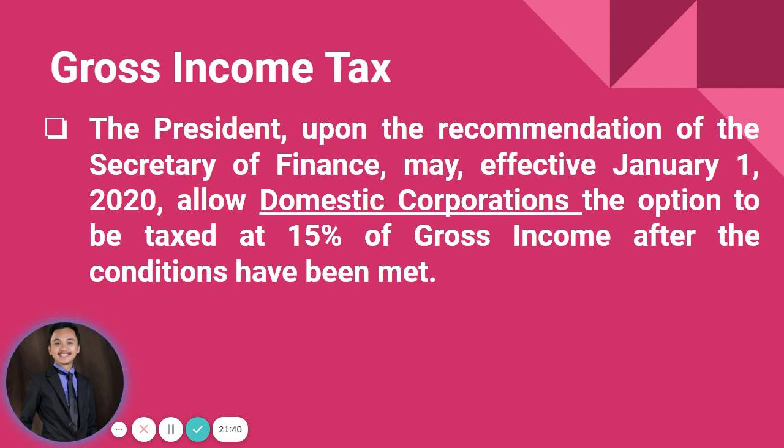Okay? The President, upon the recommendation of the Secretary of Finance, may, effective January 1, 2000, allow domestic corporations the option to be taxed at 15% of gross income after the conditions have been met. Sorry guys, this should not be 2020 but January 1, 2000. I'd like to make it clear, January 1, 2000, not 2020.